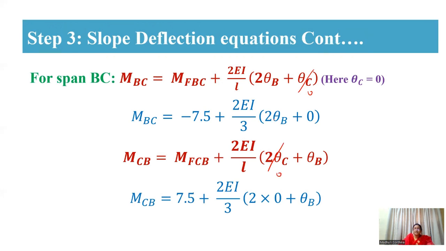So this is the MBC equation and this is the MCB equation. Simplifying, you're going to get minus 7.5 plus 4EI into theta B by 3. And for MCB, you're going to get 7.5 plus 2EI by 3 into theta B. So this is your MCB equation.